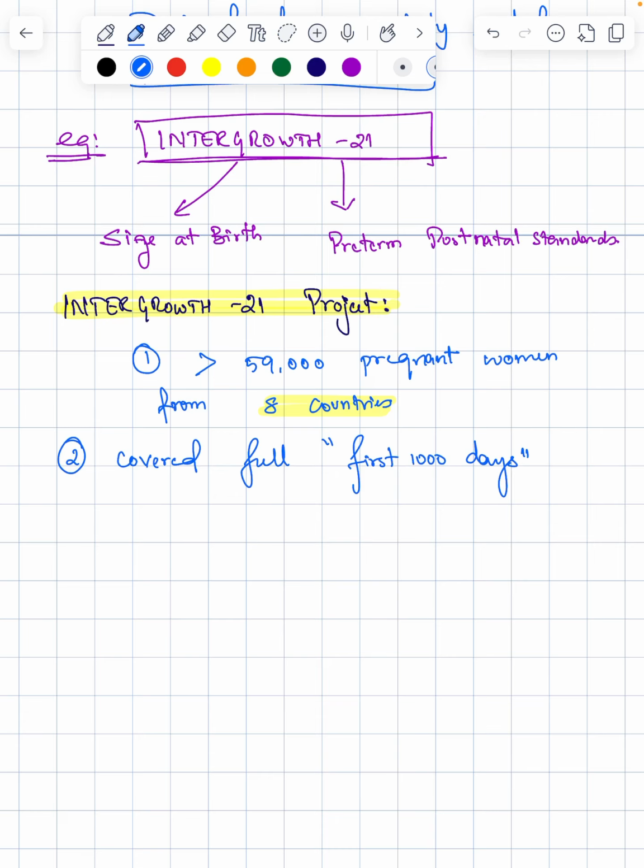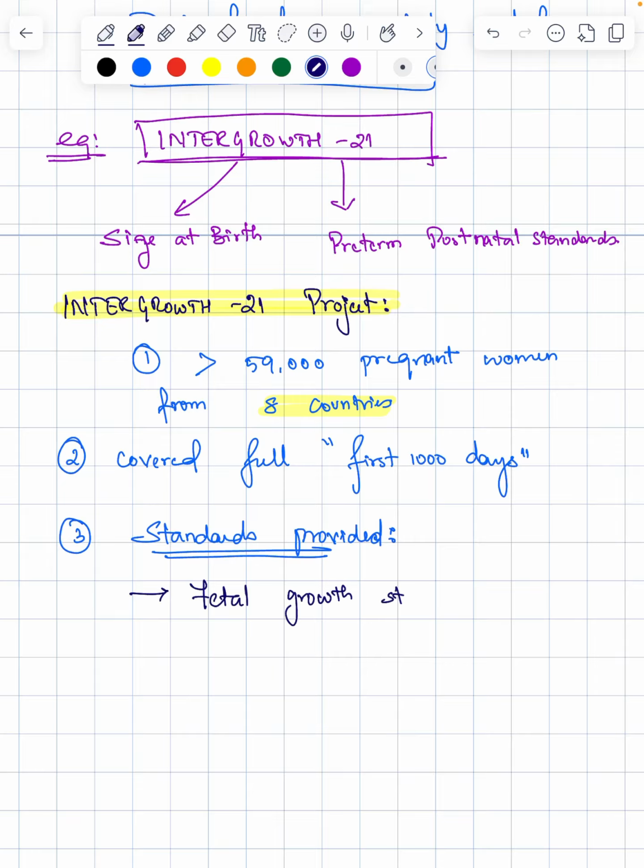What does this Intergrowth 21 standard provide? The standards include, first, fetal growth standards, which are measured by USG.